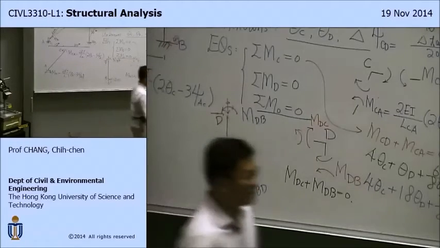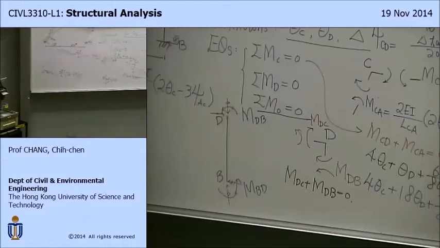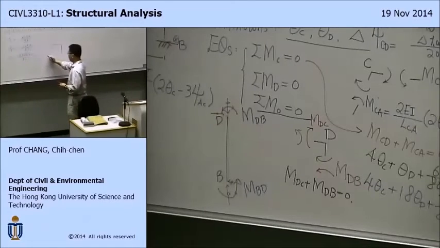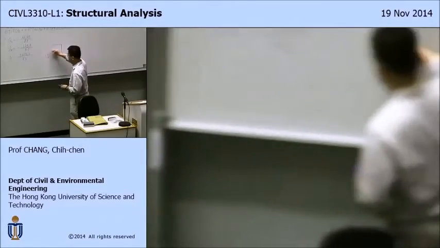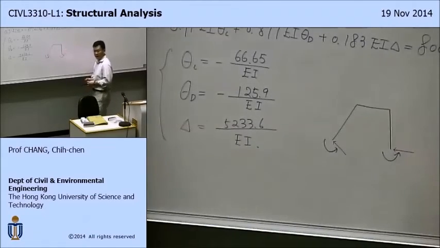Now, how about the third one? I hope you still remember. This is what I said. The third one should be established like this. So you should be able to find this moment, and you should be able to find the shear force, which is perpendicular to that component, the shear force which is perpendicular to that component.